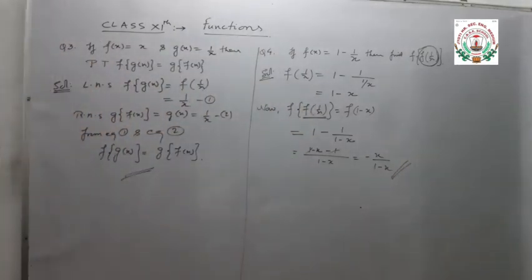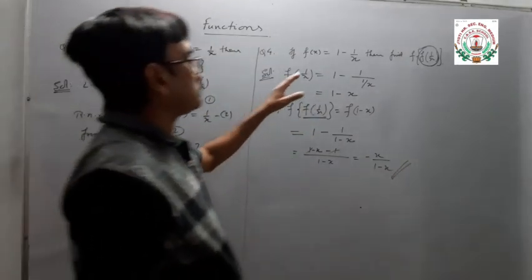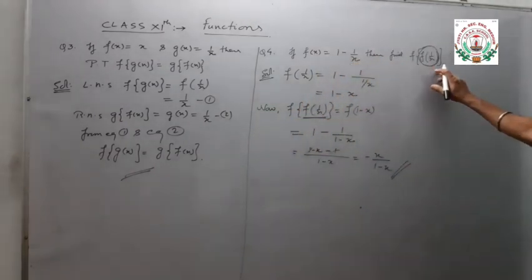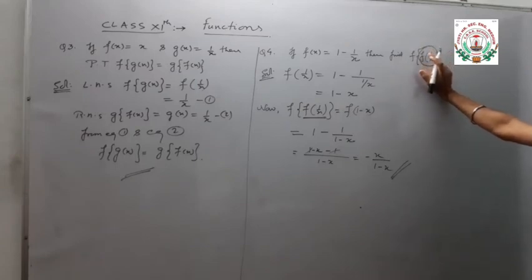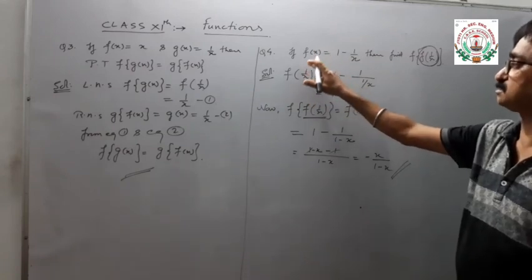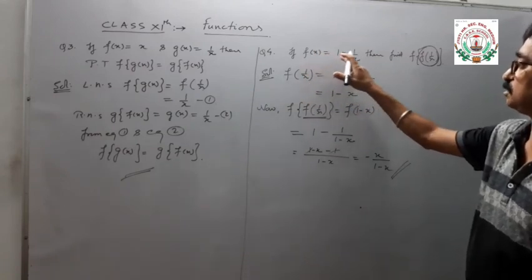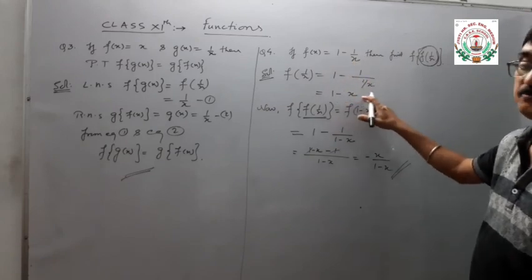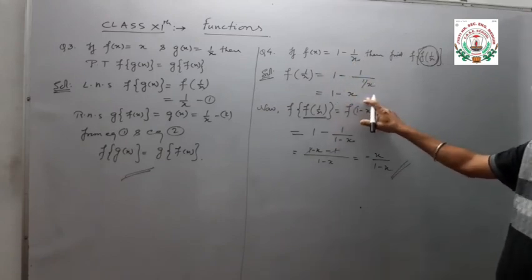Once again you can see f of x is given as 1 minus 1 upon x. Then find f of f of 1 by x. To get the value, first I have to calculate this curly bracket term, f of 1 by x. So for calculating f of 1 by x, in place of this x there is 1 by x. So in place of this x also we have to put 1 by x, and we simplify it, we get 1 minus x.